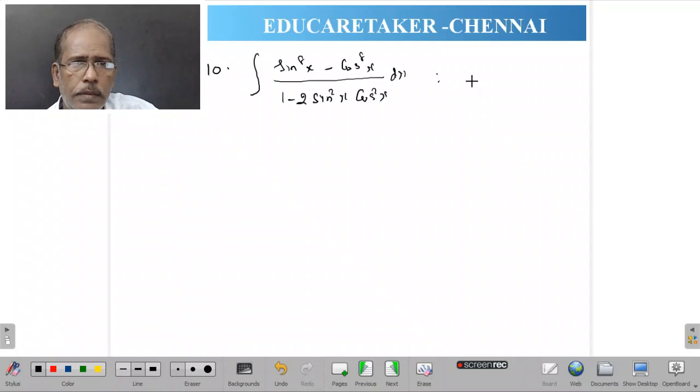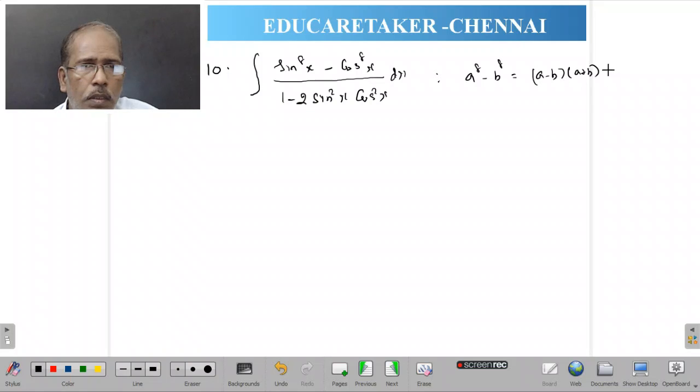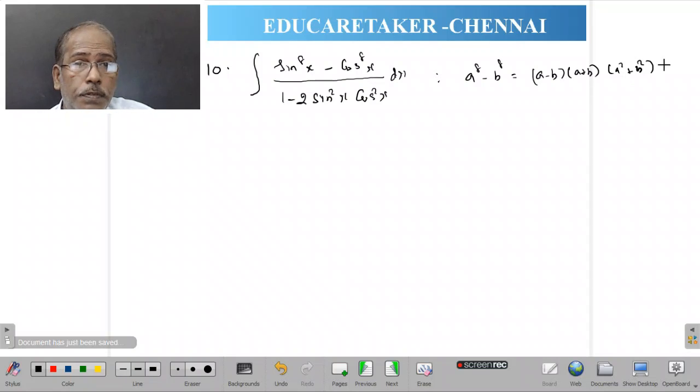What's the identity? A power 8 minus b power 8 is a minus b into a plus b, into a square plus b square, into a power 4 plus b power 4.